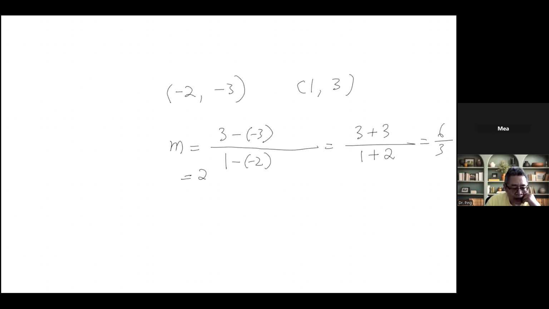Very good. So it is y minus 3 equals 2 times x minus 1.